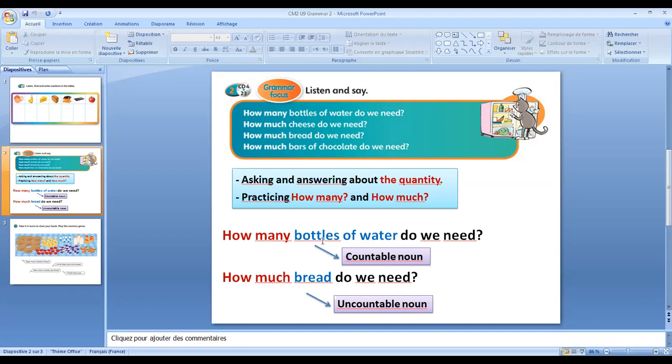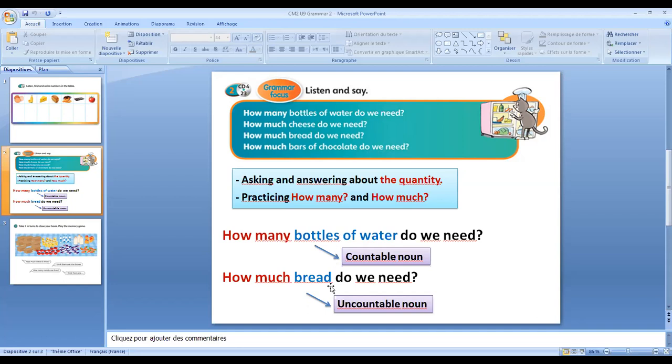How can we differentiate between countable nouns and uncountable nouns? It's simply easy, with S. Whenever we have S with nouns, it means it is countable. We can use it in plural, bottles.